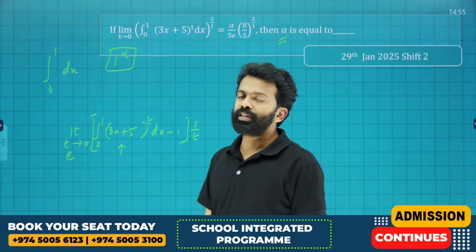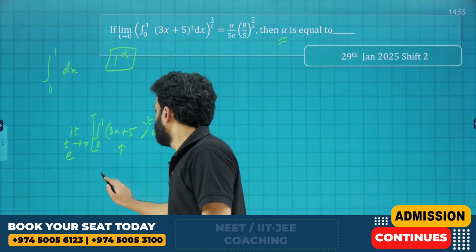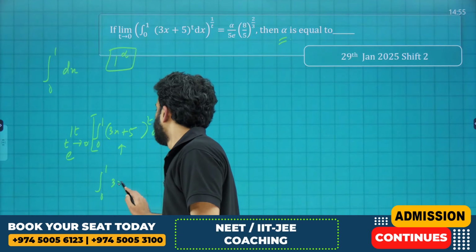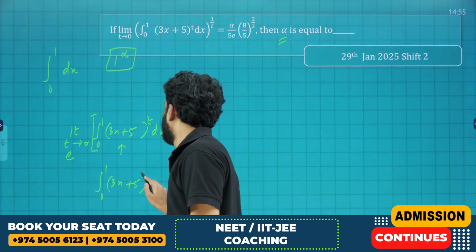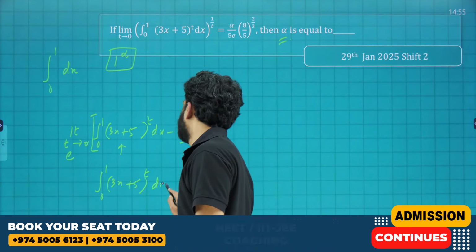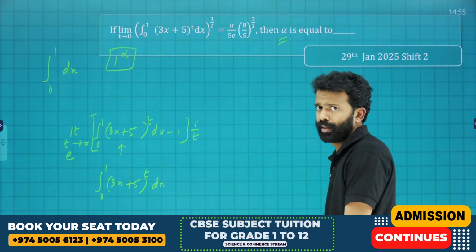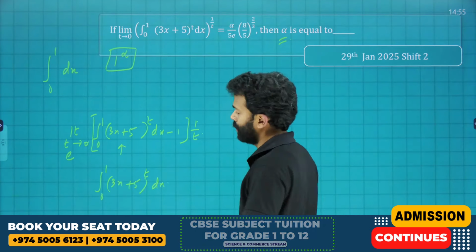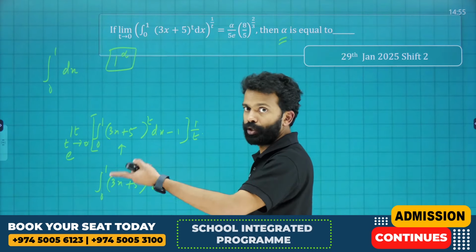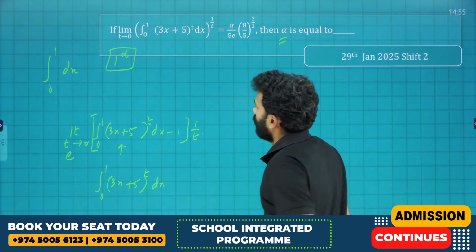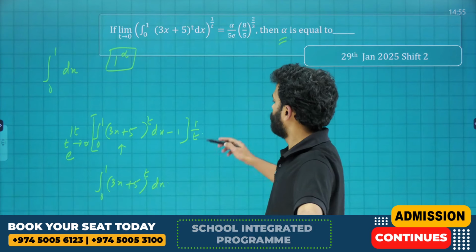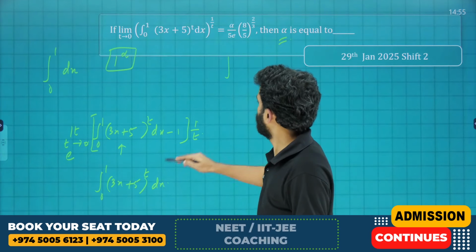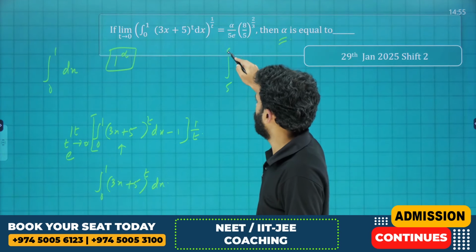What is the integral 0 to 1 of (3x plus 5) raised to t into dx? You know how to integrate that, right? You need to substitute 3x plus 5 is equal to u, and dx will be du by 3. The limits will change: 0 means 5, and the upper limit becomes 8.